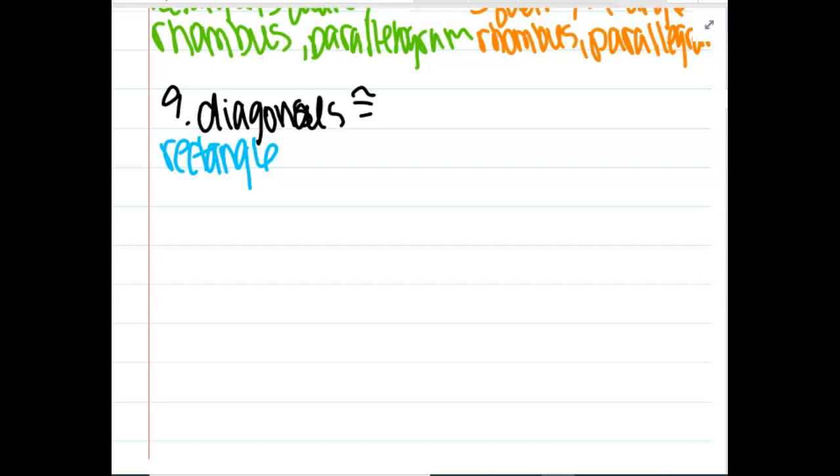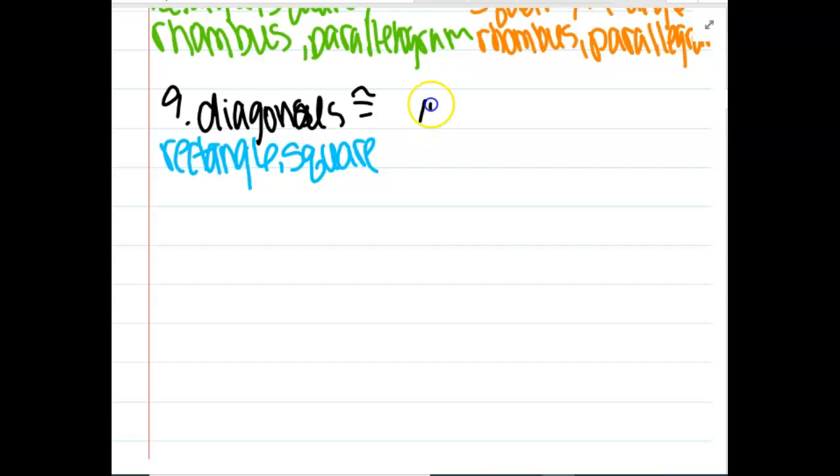Now keep in mind that for all parallelograms, their diagonals bisect each other, but it doesn't mean they're congruent. Couldn't that also be a square? It would be a square, because a square is a rectangle, and if a rectangle has congruent diagonals, then a square is going to have congruent diagonals. Okay?